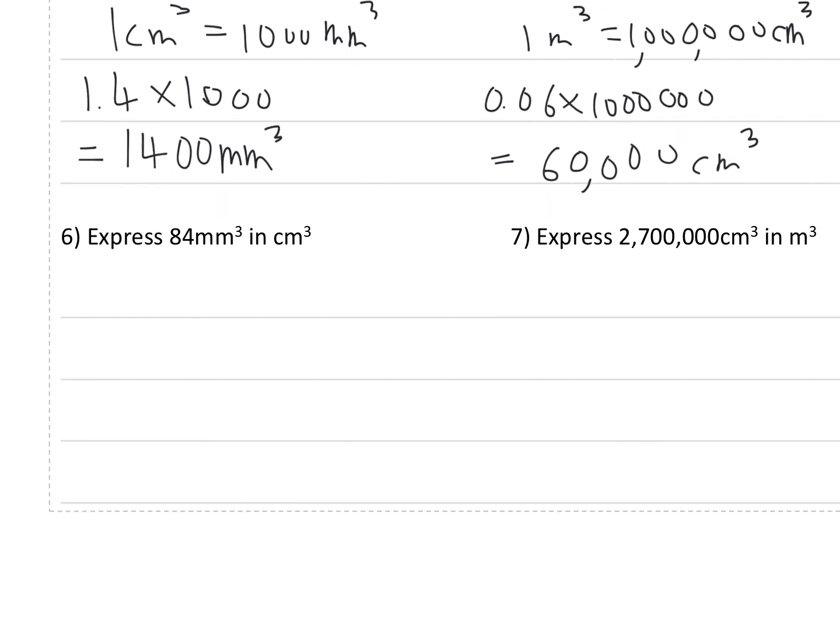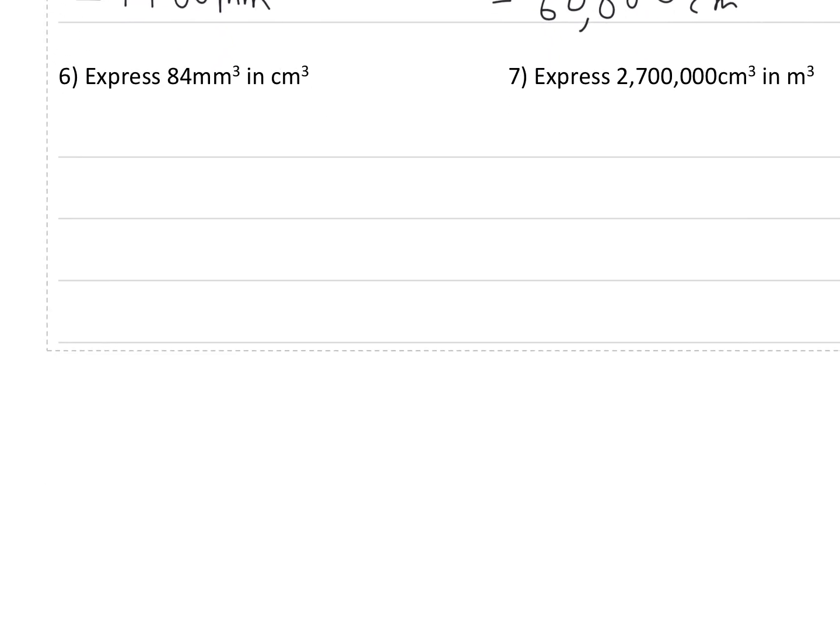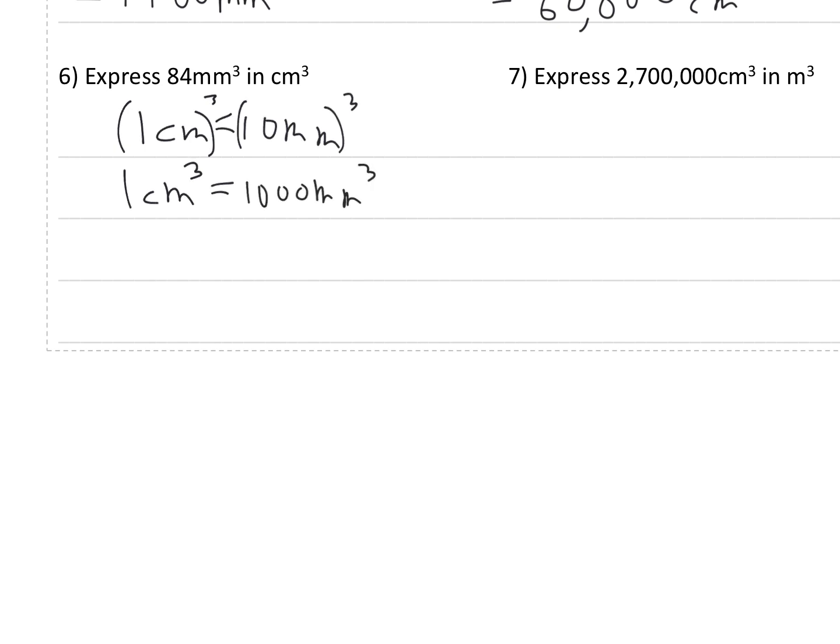Example 6. We have to express 84 millimeters cubed in centimeters cubed. So we start off with the conversion that we know, that 1 centimeter is 10 millimeters. The cubic conversion, we cube that. 1 centimeter cubed, 10 cubed is 1,000. So 1 centimeter cubed is 1,000 millimeters cubed.